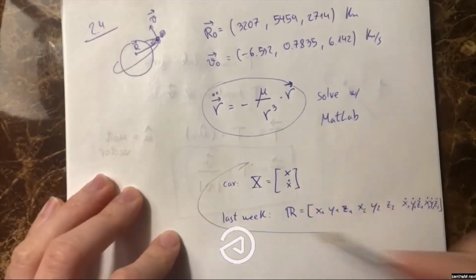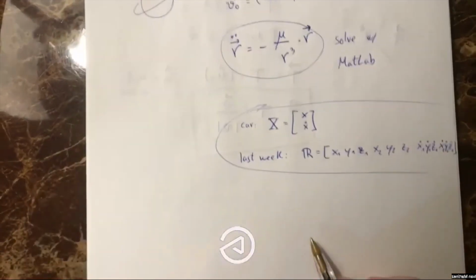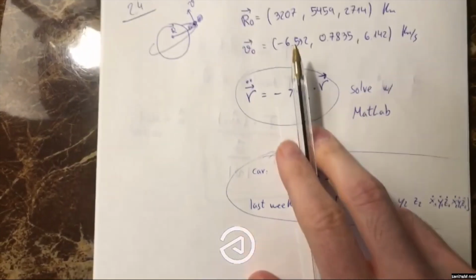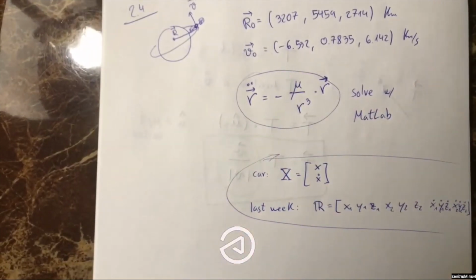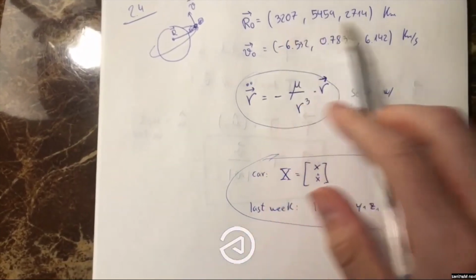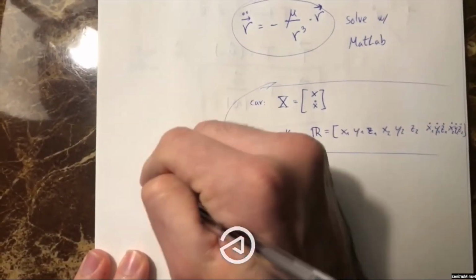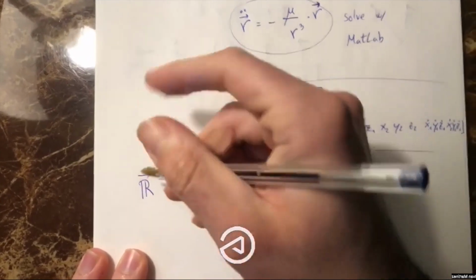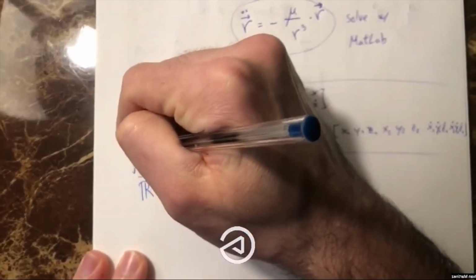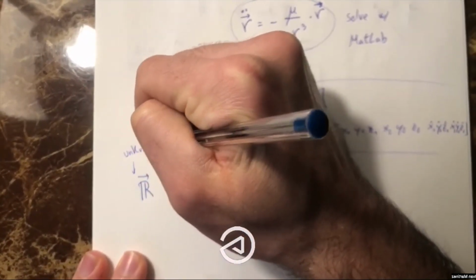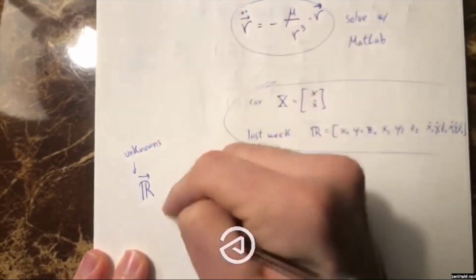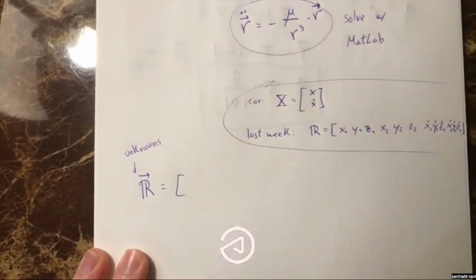What do we have now? We have radius and velocities, right? So that's what we're gonna be calculating. Allow me to call my vector of unknowns. What do we have here?